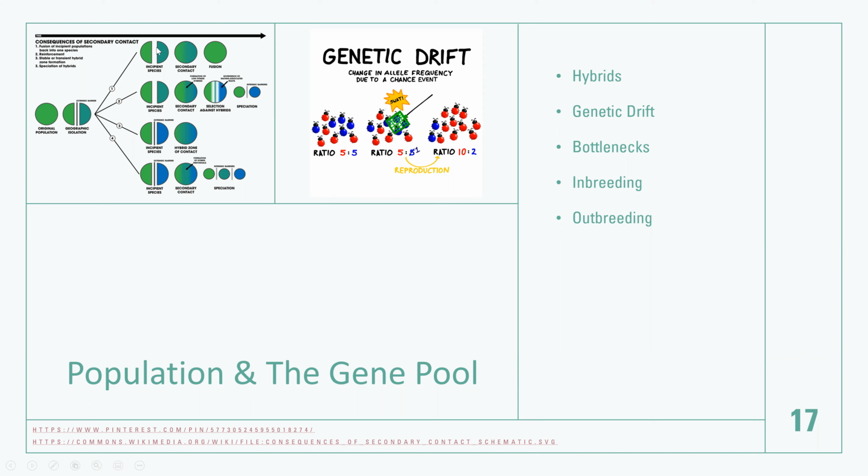As you can see in the top left image here, this flow can lead to several different things. At the top, you can see how the flow of genes causes these two populations to blend together and fuse into a hybrid population. Or when you have a flow of genes between two completely different species, you can create an intermediary hybrid, like a mule, when a horse and a donkey are the populations.